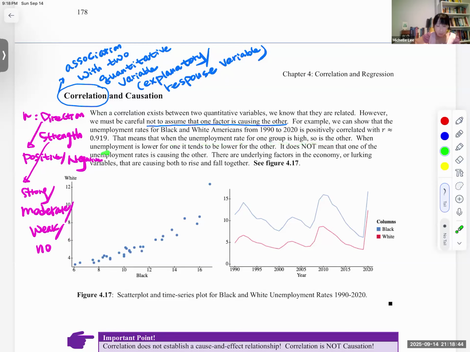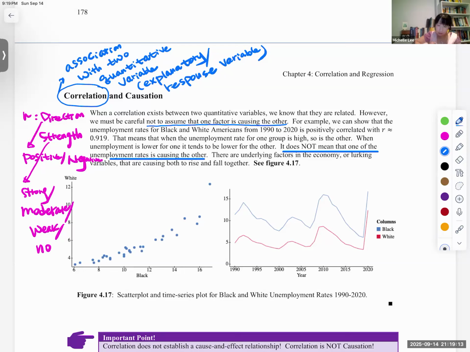When unemployment is lower for one, it tends to be lower for the other too, right? It does not mean that one of the unemployment rates is causing the other, right?